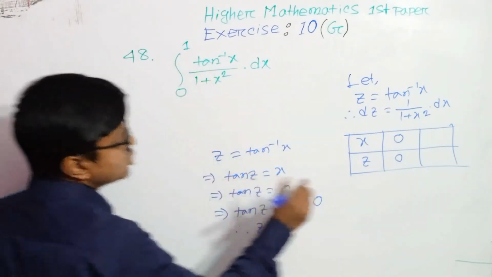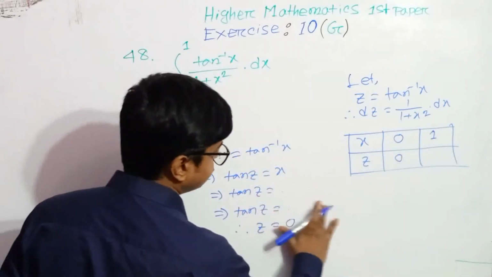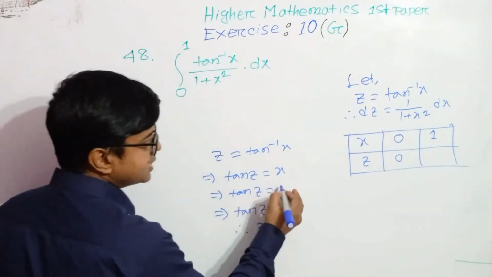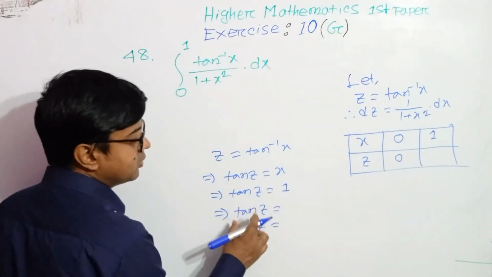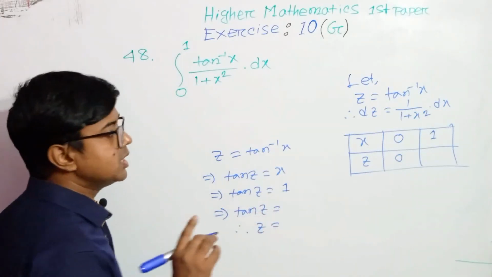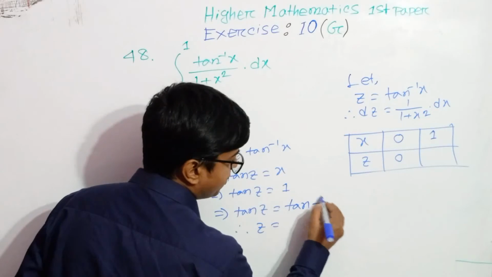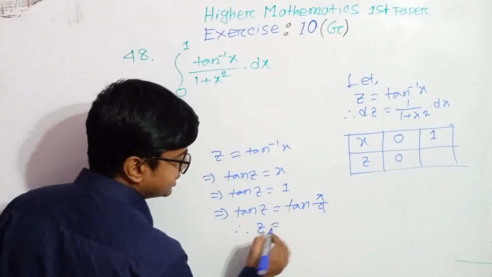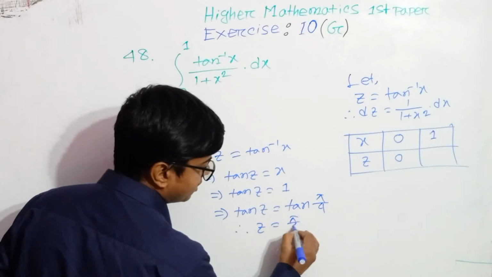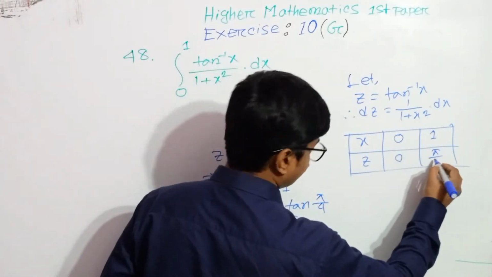And when x equals 1, then z will be, here x equals 1, and we know that the value of tan 45 degree equals 1, so we can write tan pi by 4, and here z will be pi by 4, so here pi by 4.